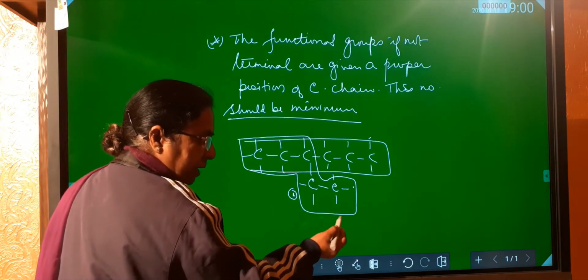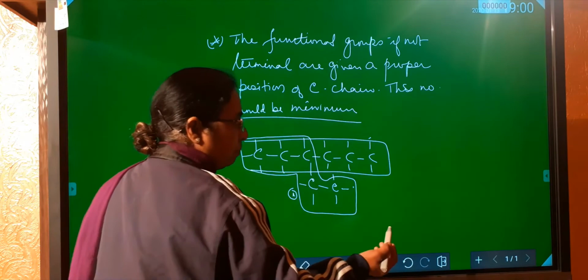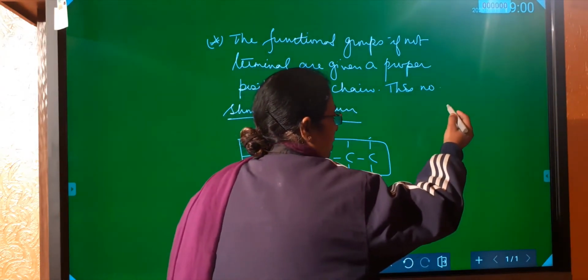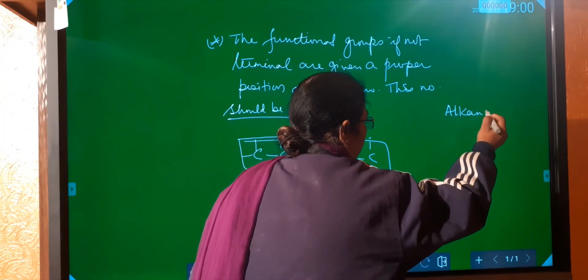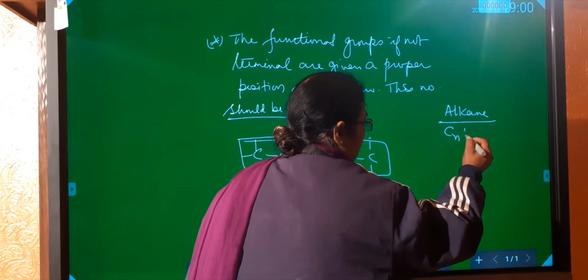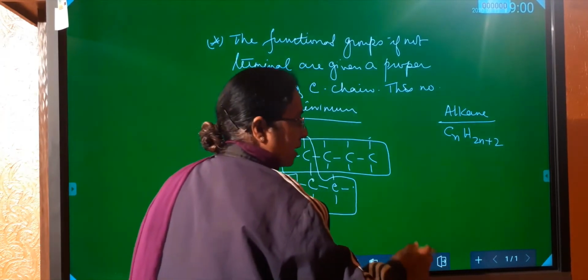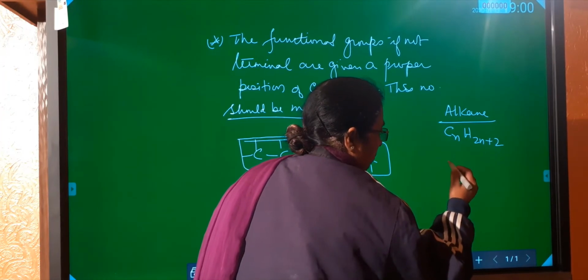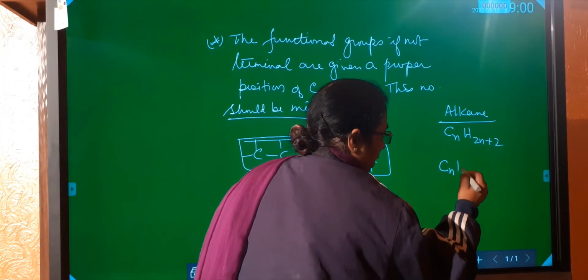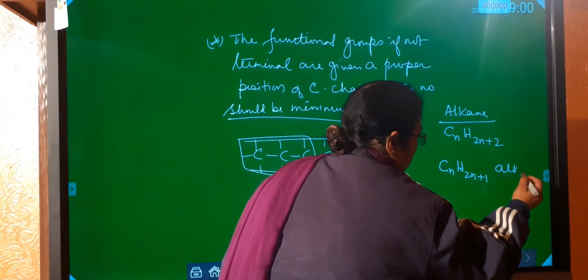And how I will be writing this accordingly, I told you that for any alkane, we had seen that this is CnH2n plus 2. This is known as alkane. Now, if I remove one H, that means if I make it as CnH2n plus 1, then this becomes alkyl.